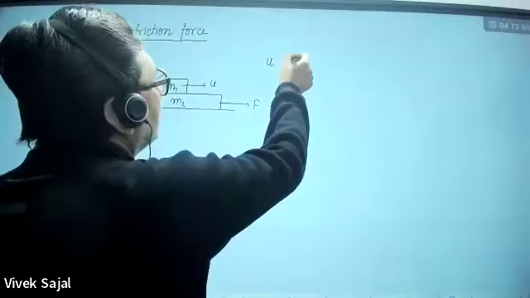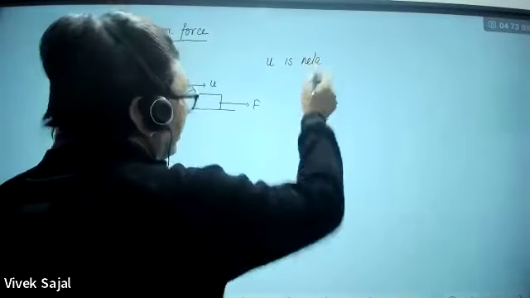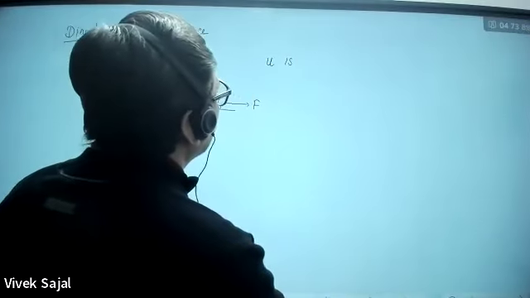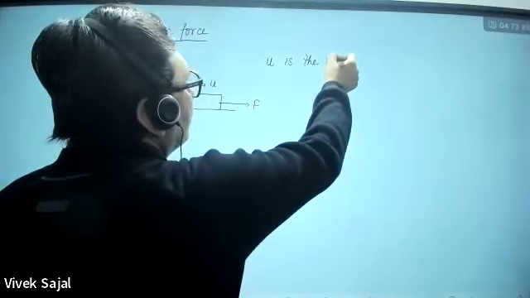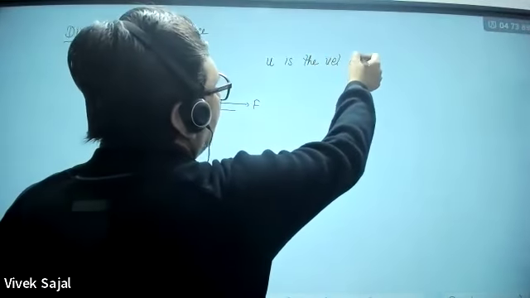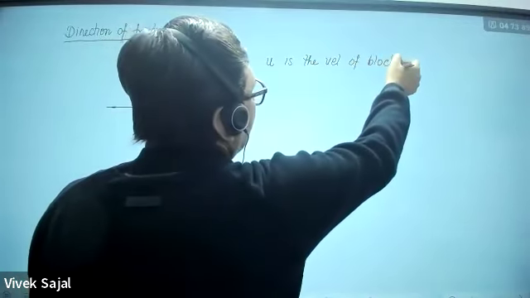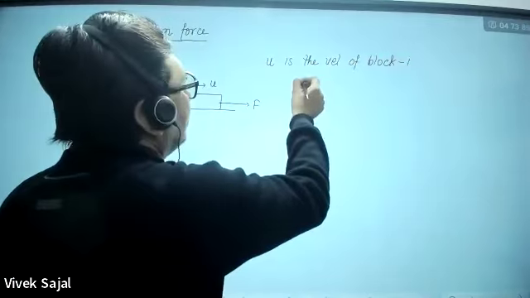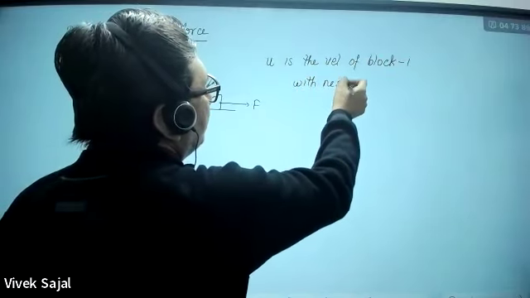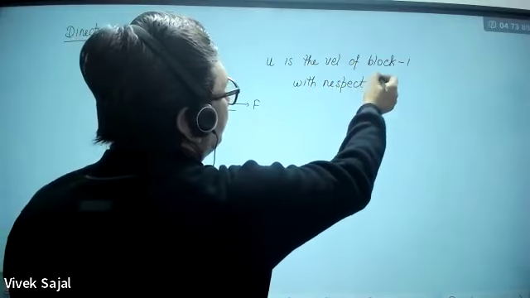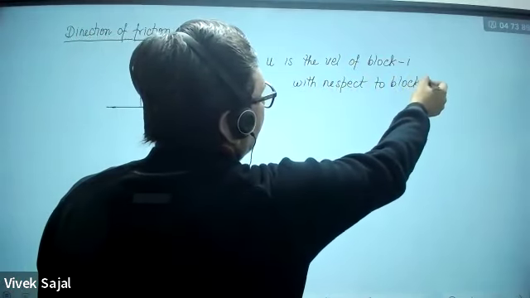u is the velocity of block 1 with respect to block 2.